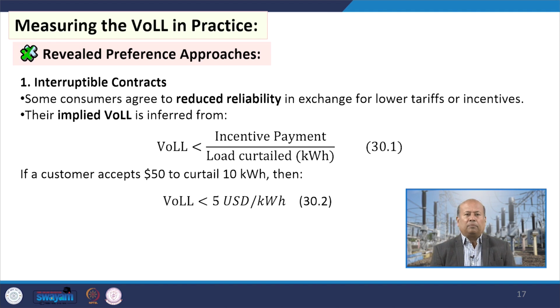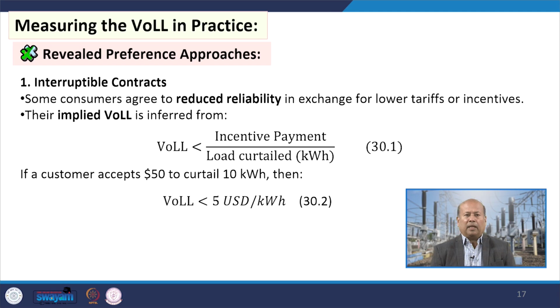Now, real performance approaches, interruptible contracts. Now, some consumers agree to reduced reliability in exchange for lower tariff or incentives. Their implied VoLL is inferred from VoLL, which is less than incentive payment upon load curtail kilowatt hour.